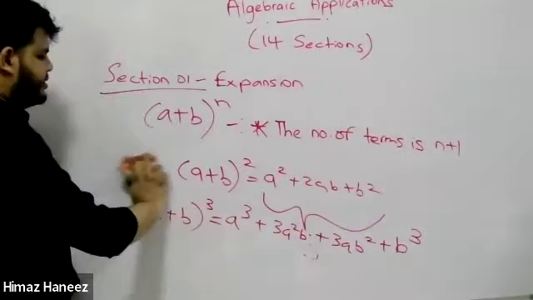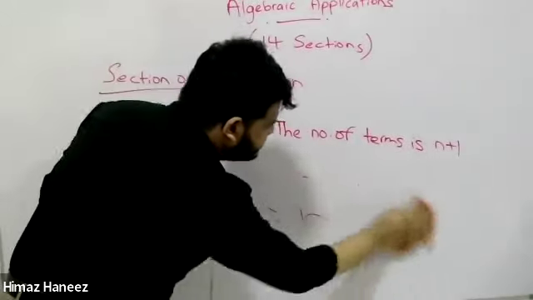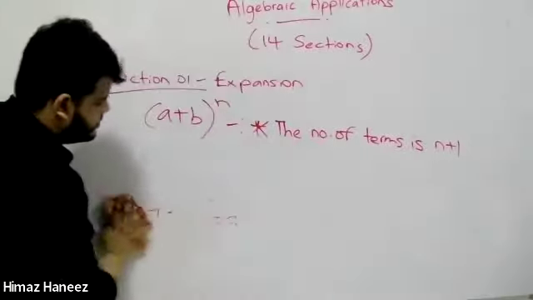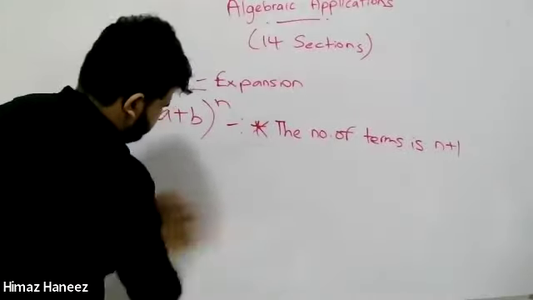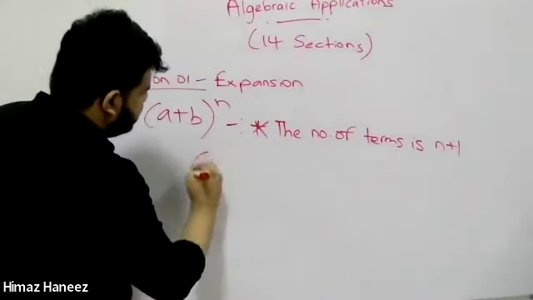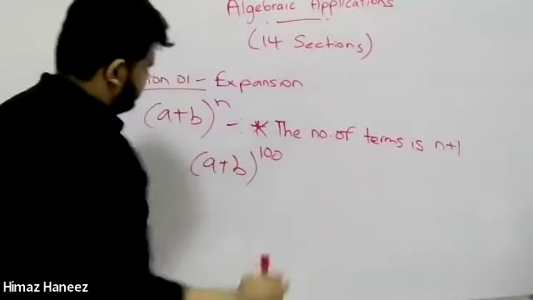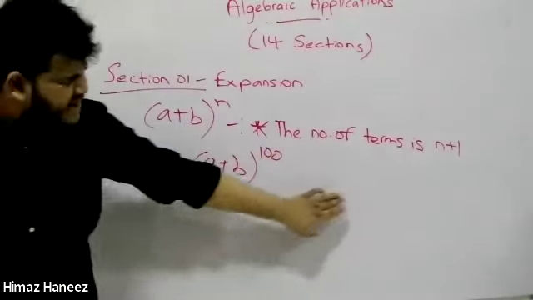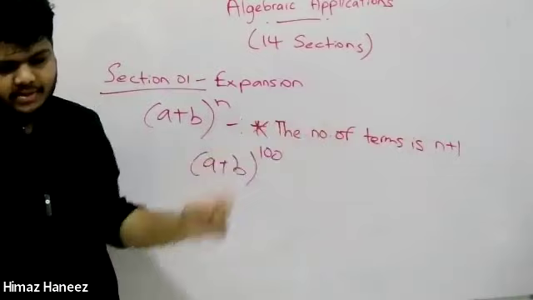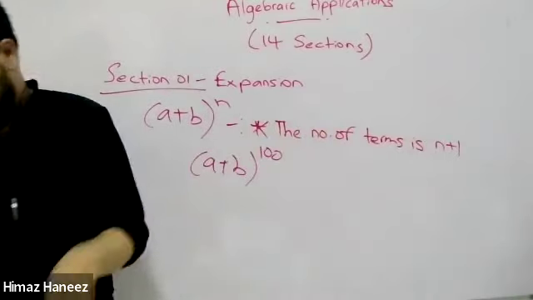Now I ask you another question. So how many terms does this have? I have written the expansion, but from this statement you can figure out how many terms there are: 101.